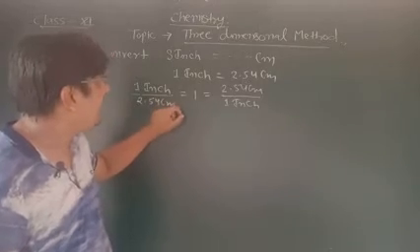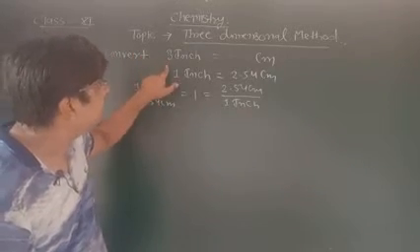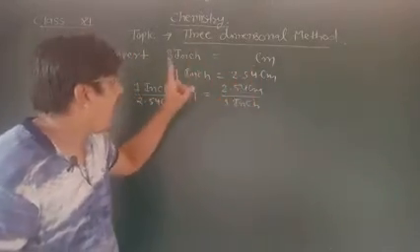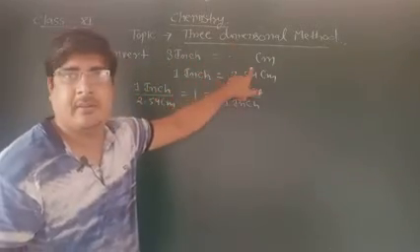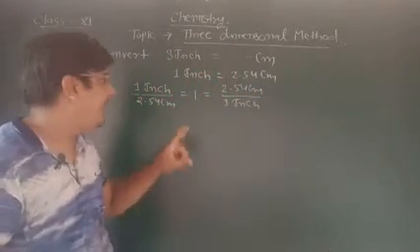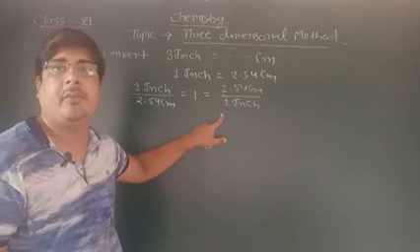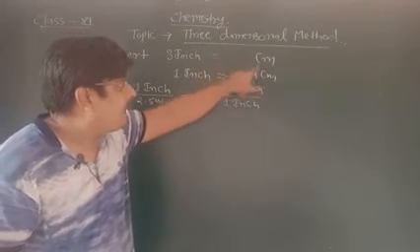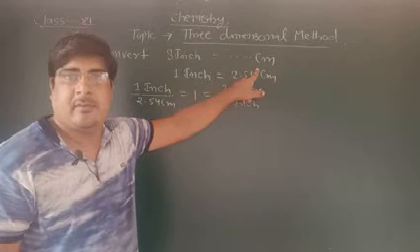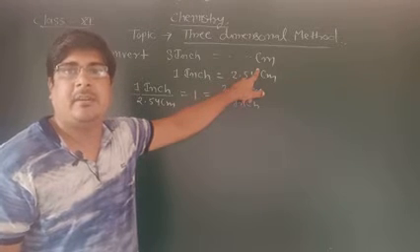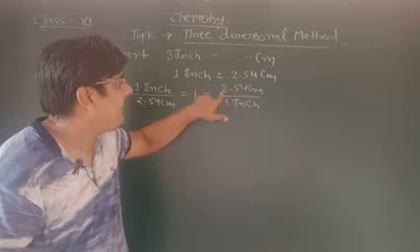Then after that we will convert 3 inch into centimeter. Since I am converting inch into centimeter, you will have to take one of these units. Which one will we take? The unit centimeter should be up, so I will take this.